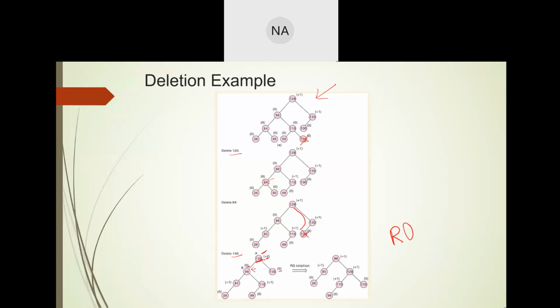Node B will be made the root along with its left subtree, and node A along with its right subtree will be made the right child of node B. The right subtree of node B will be made the left subtree of node A. So this is R0 rotation.